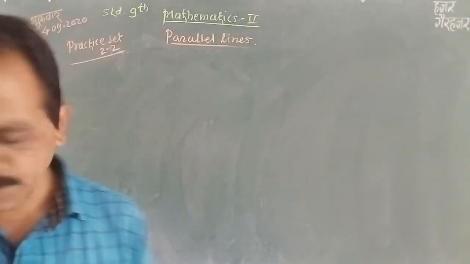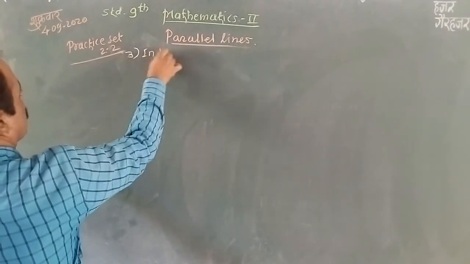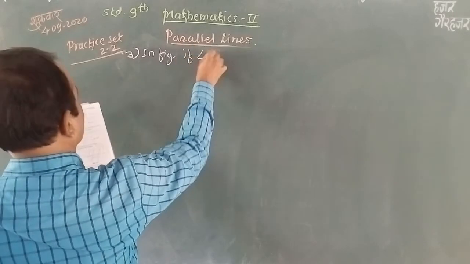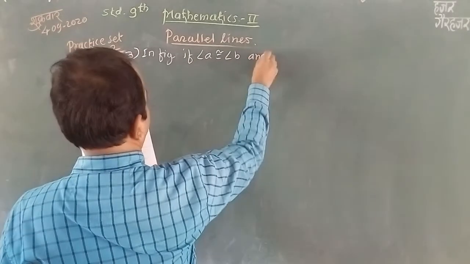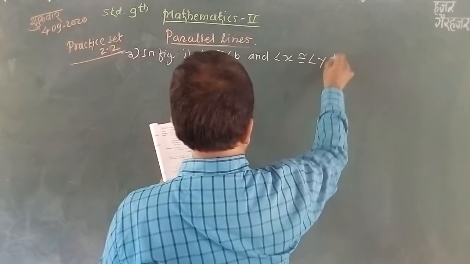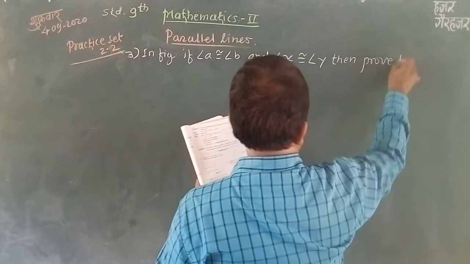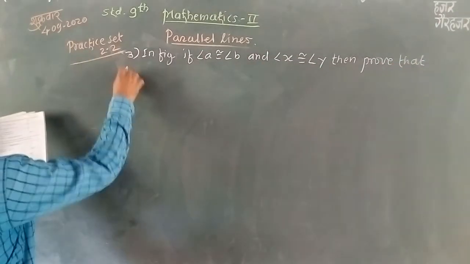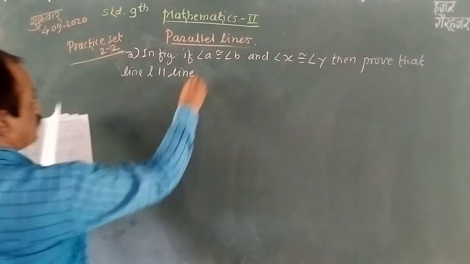Third example, write down. In figure, if angle A is congruent to angle B and angle X is congruent to angle Y, then line here is parallel to line here.